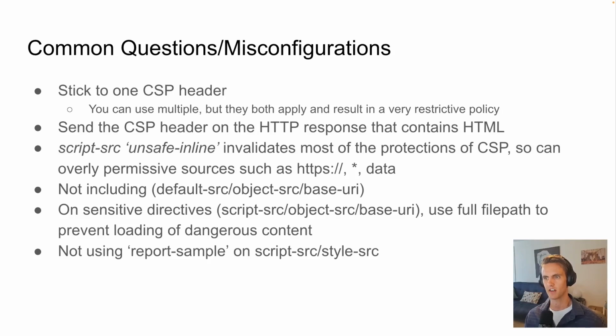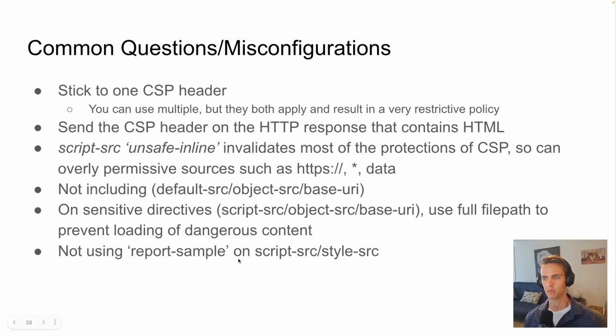So as an attacker, if you see a CDN that allows any content and you find an XSS in a website, you can just upload your malicious JavaScript to that CDN and then include that script tag as part of your XSS, and you can easily bypass CSP. So for the sensitive directives, script source, object source, base URI, stuff like that, you want to make sure you include the full path. Again, if you're using a CSP tool, it's going to give you these recommendations automatically.